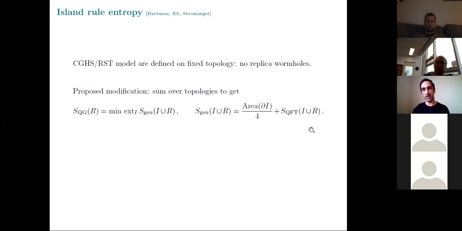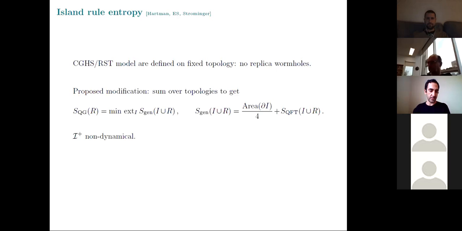Okay. If I have time, I'll talk about a replica analysis we did in the paper as well, but I may end up just skipping over it. But this is the formula we have. And to apply it, we need to make a further assumption, which is that we're going to treat Scri plus as non-dynamical.